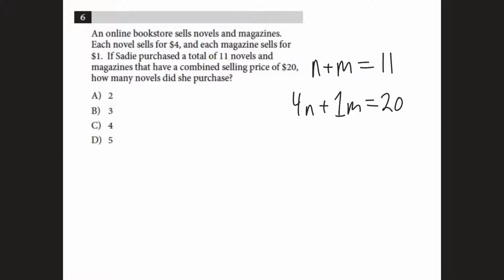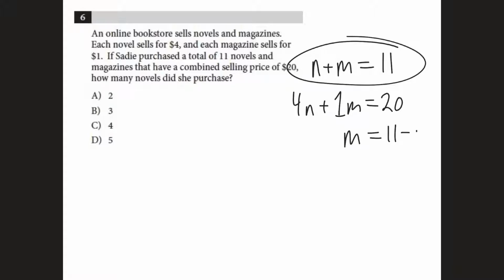Now we want to solve for novels, so we want to eliminate magazines. I'm going to use my first equation and subtract n from both sides. I'm going to get m equals 11 minus n. Okay, that's perfect. So now we've got a variable that we can substitute in.